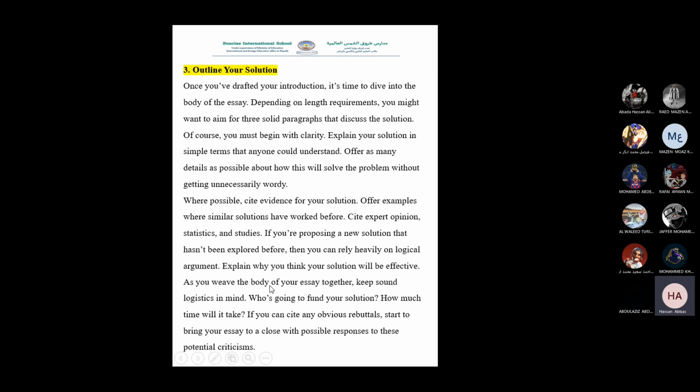As you weave the body of your essay together, keep sound logistics in mind. Who is going to fund your solution? How much time will it take? If you can cite any obvious rebuttals, start to bring your essay to a close with possible responses to these potential criticisms.